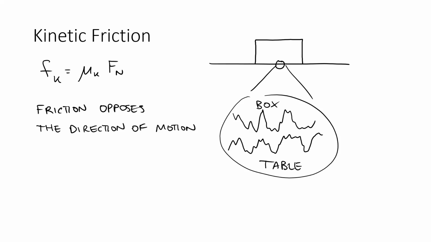And unless it's some very specific or special material that has peaks and valleys angled some way, I don't know of any materials off the top of my head. If I push something this way, it's the same amount of friction as if I push it this way. Friction is always trying to keep it to stay still, wherever it is.